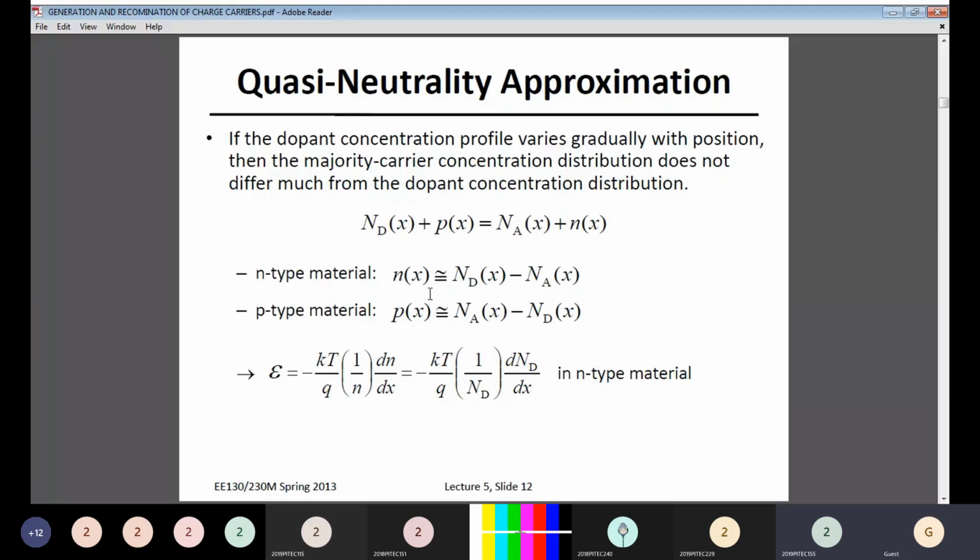For n-type material, N of x is nearly equal to Nd of x minus Na of x. And for p-type material, P of x is nearly equal to Na of x minus Nd of x. Now, epsilon is equal to minus Kt by Q of 1 by n dn by dx, which is equal to minus Kt by Q of this 1 by n can be replaced as 1 by Nd into dNd by dx.